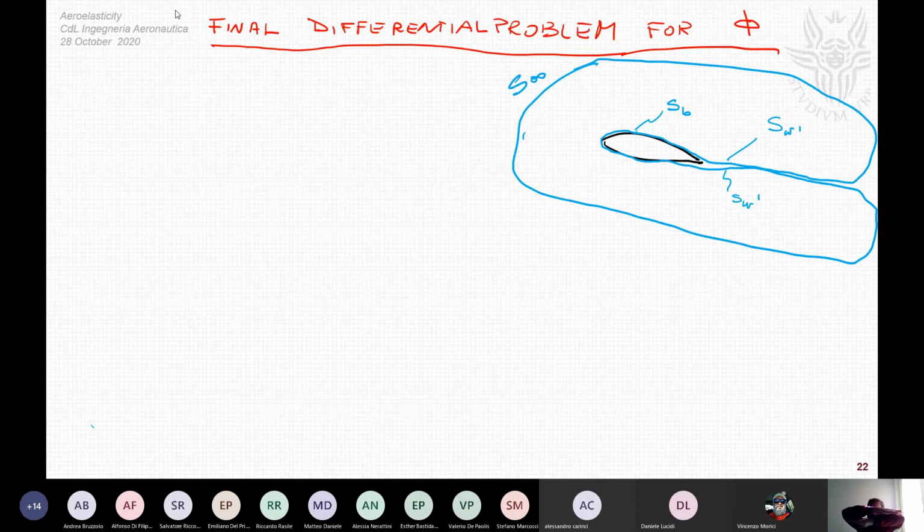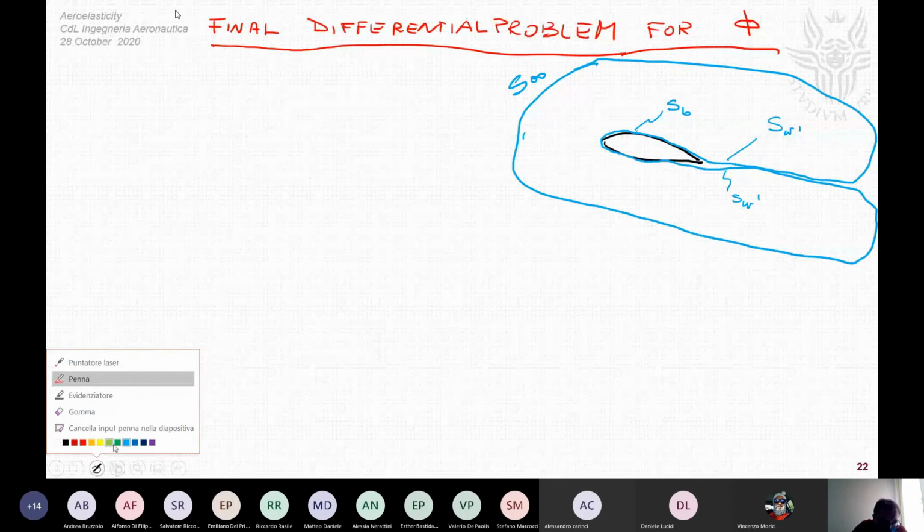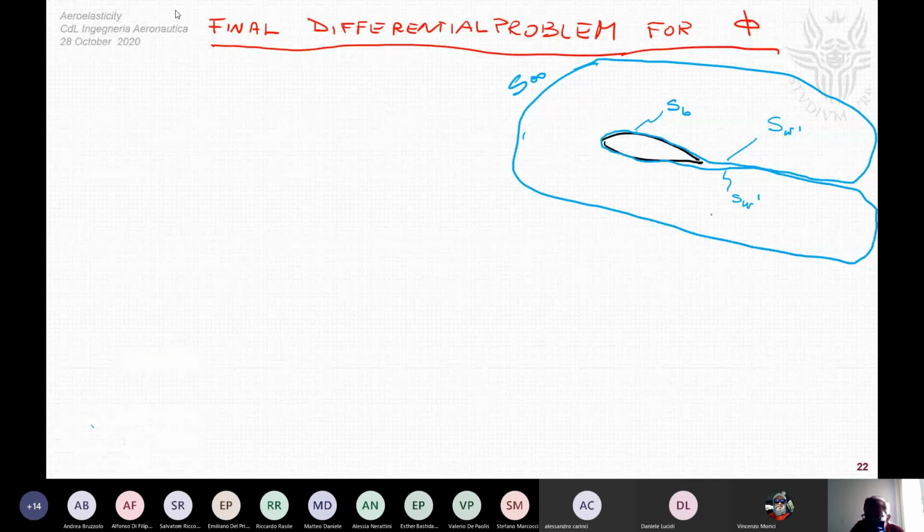But at the limit, closer and closer, these two close surfaces become an open surface, only one. So at the limit you have the wake as the superposition of S wake 1 and S wake 2, upper and lower. So at the end, after this limit process, you have a unique S wake as limit of S wake 1 and S wake 2. Okay.